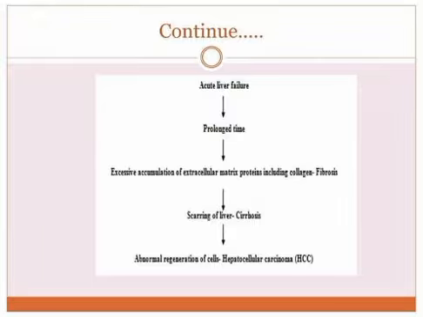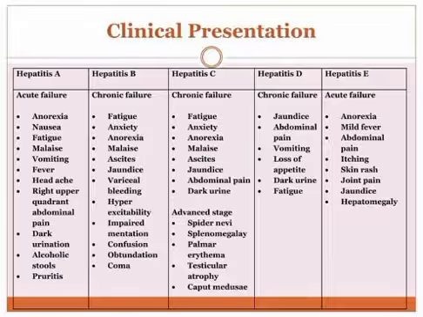Next, it may lead to scarring of the liver, cirrhosis. Scarring of the liver means the liver gets torn, and this condition is known as cirrhosis. It's the final condition of acute liver damage. And next, abnormal regeneration of cells and hepatocellular carcinoma can occur in the liver.